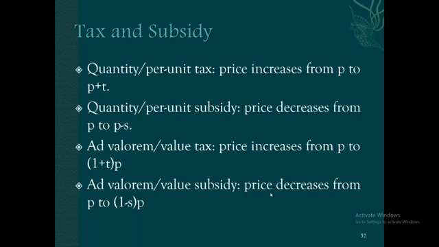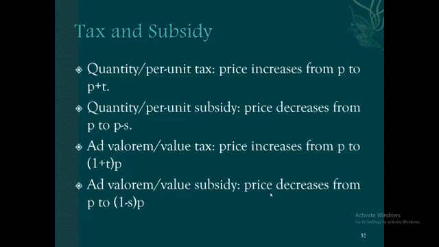So a quantity tax per unit means the price increases from P to P plus T. So that is actually having an effect on P itself. A quantity subsidy per unit means the price decreases from P to P minus S, because you are able to have more of that commodity as if you had a higher income. Again, for a value added tax, the price increases from P to P plus the tax.